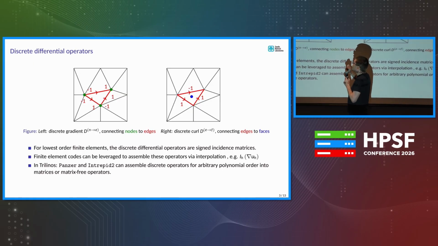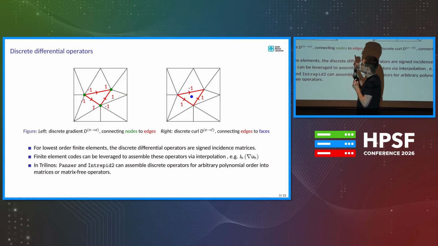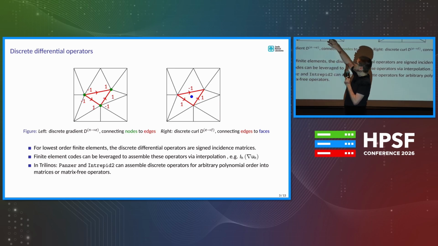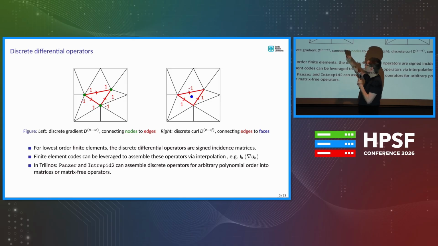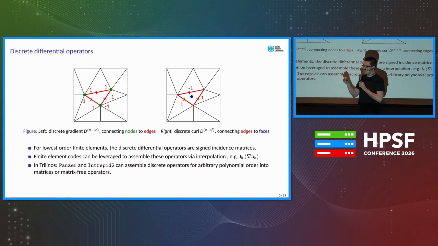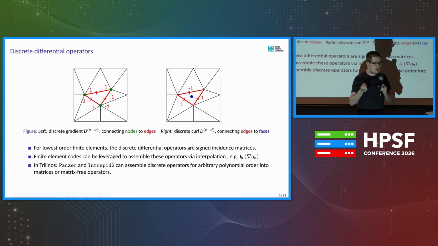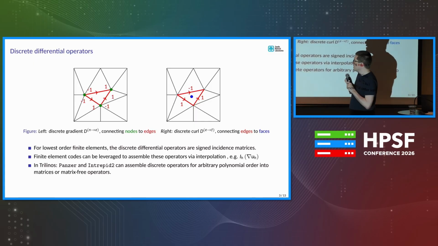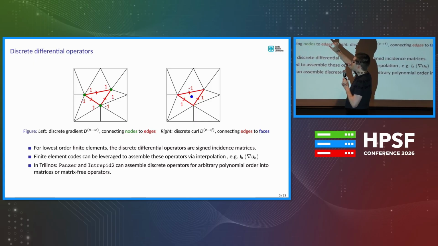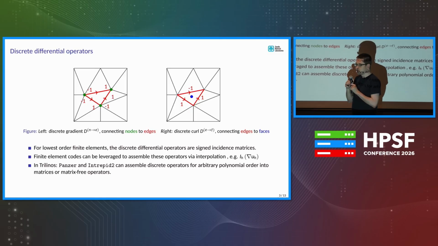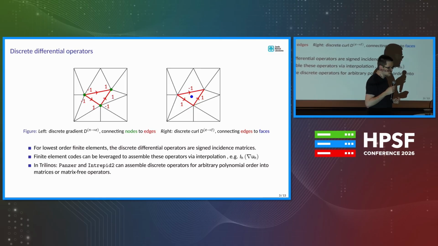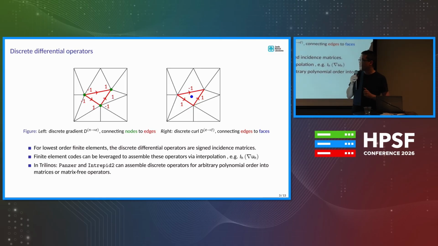This can be cast as a signed incidence matrix, which connects the nodes in our mesh with the edges where the degrees of freedom for our edge discretization are sitting. And it assigns weights 1 and -1 to each edge, which corresponds to the orientation of that edge.